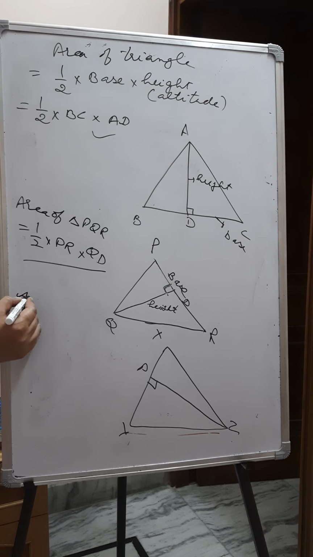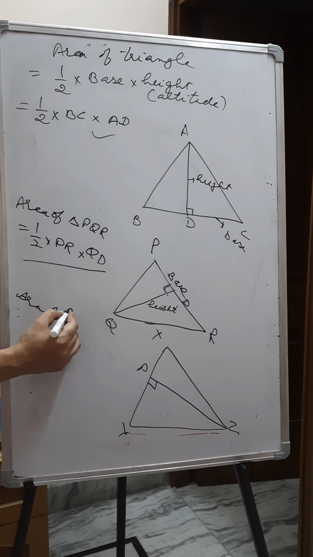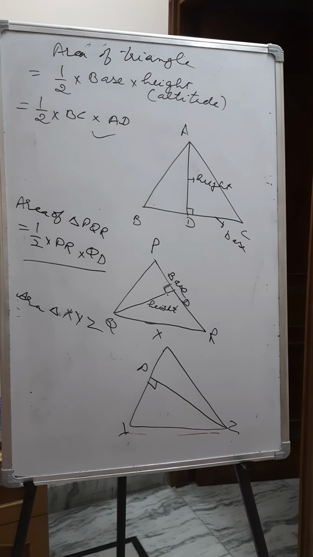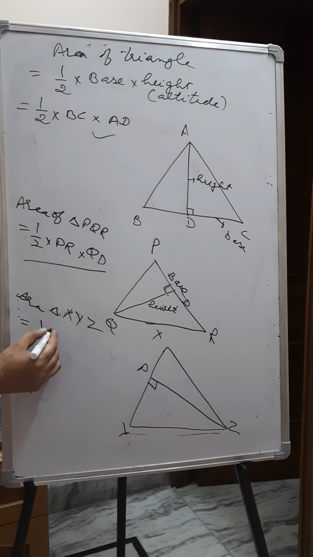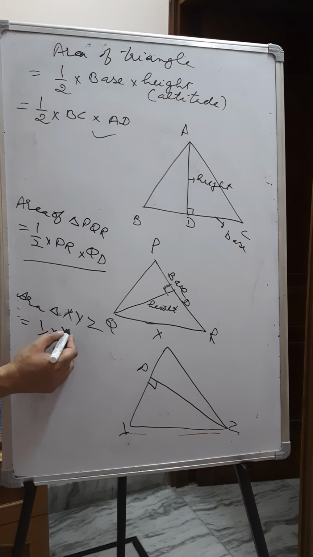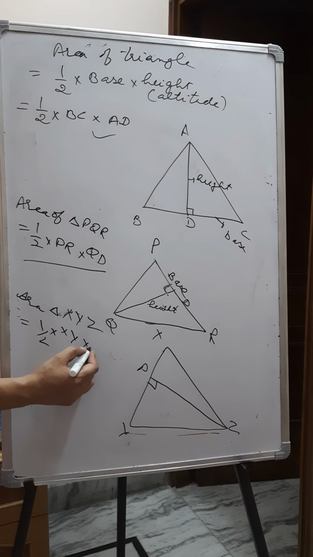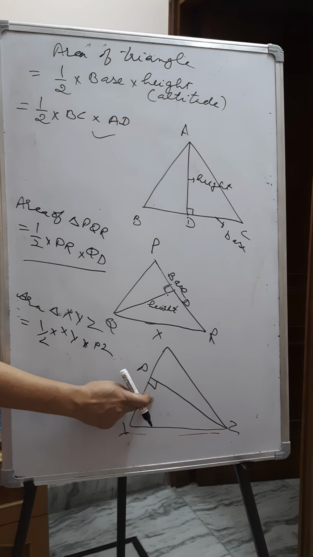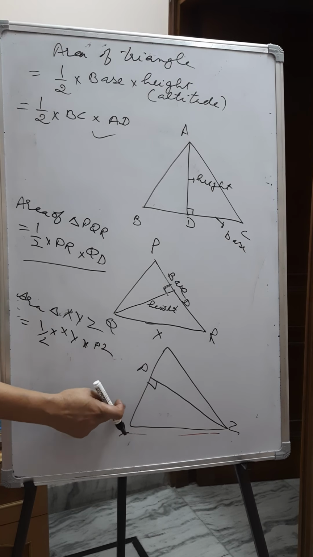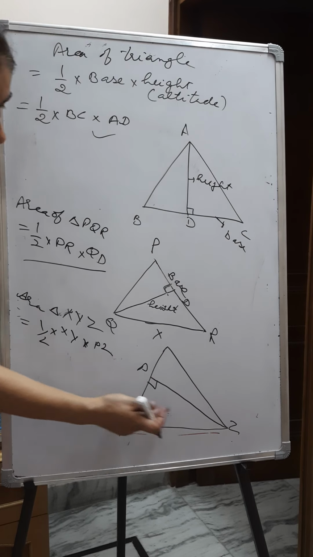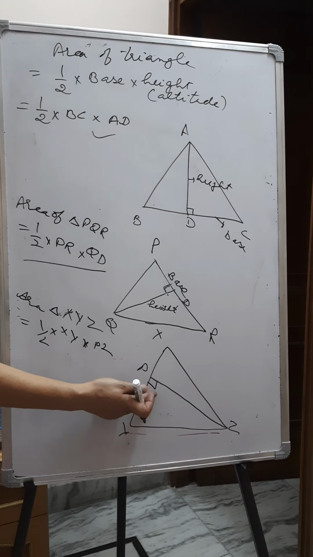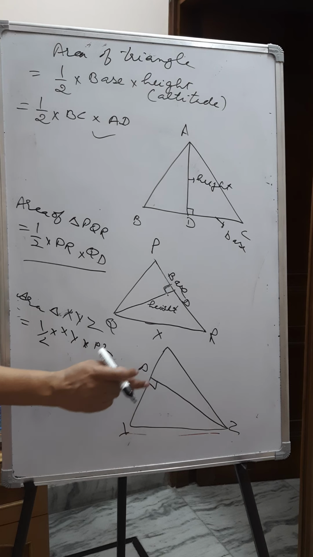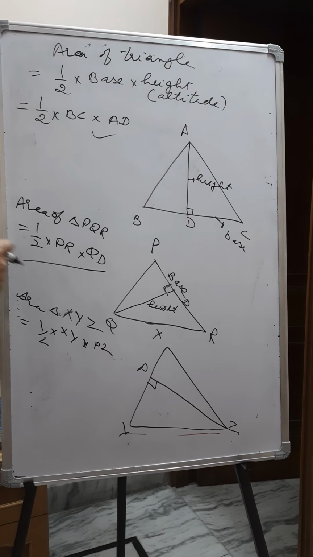Now here, area of triangle XYZ is half base, base is XY, height is PZ. Followed. Where the angle of 90 degrees is made, that side of the triangle becomes the base, and the line from the opposite vertex making a 90 degree angle is called the height.